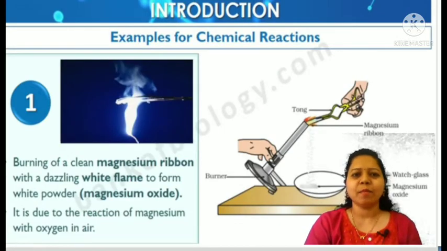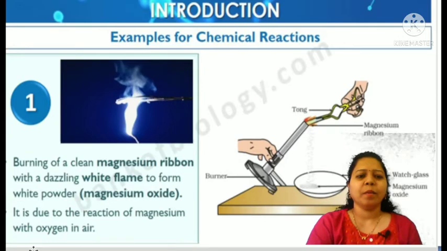We'll see some examples of chemical reactions. Burning of magnesium ribbon with a dazzling white flame forms a white powder, that is magnesium oxide. It is due to the reaction of magnesium with oxygen in air. Here we burn a magnesium ribbon with the help of tongs under a flame, and after burning, the ribbon turns into a white powder of magnesium oxide.